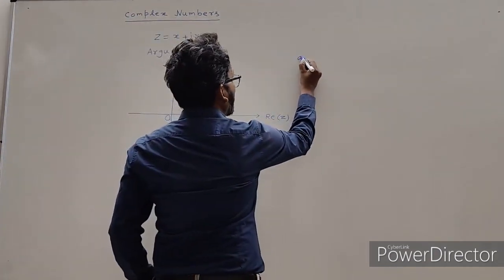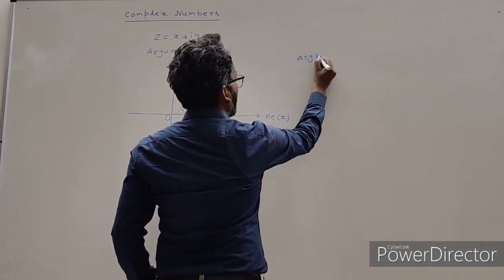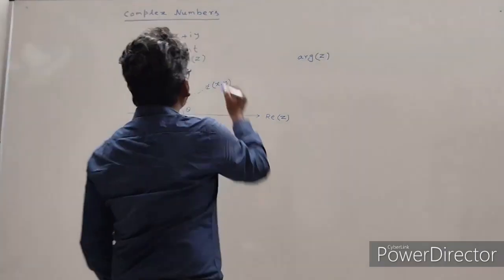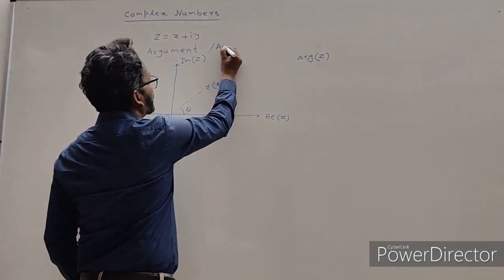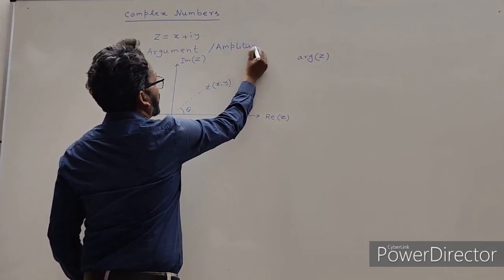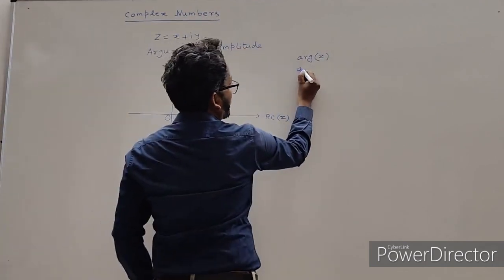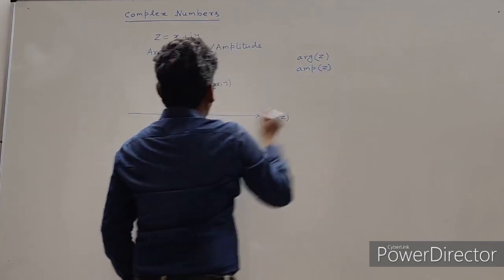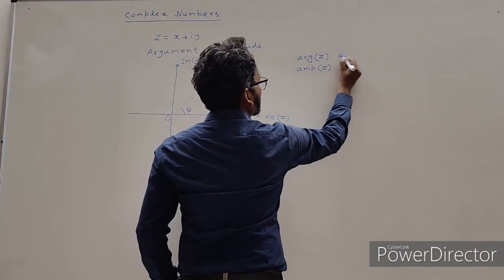Now the argument of z, which is denoted by arg z, is also known as amplitude, and sometimes denoted by amp of z. That gives us this theta.